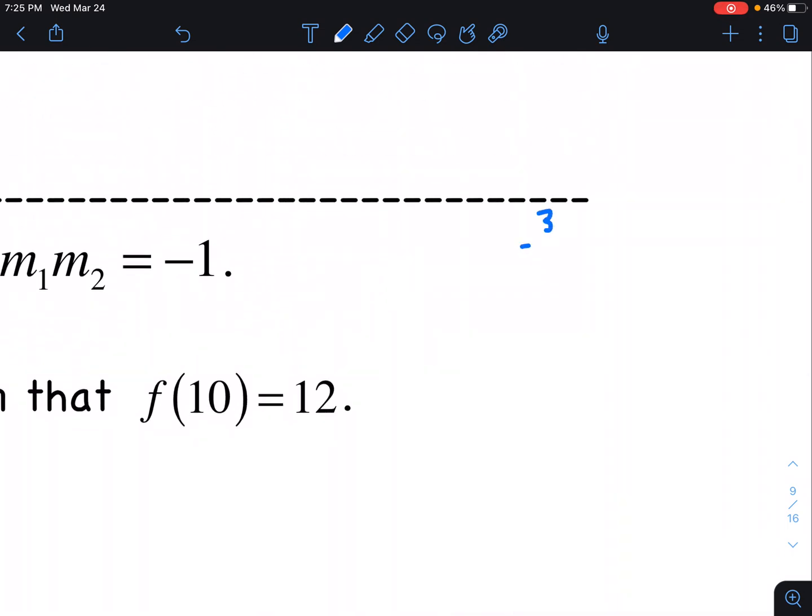So say if I have a slope of 3/5. Perpendicular to that is -5/3. We change the sign and flip it upside down. So if I had -7, what would perpendicular to -7 be? +1/7.